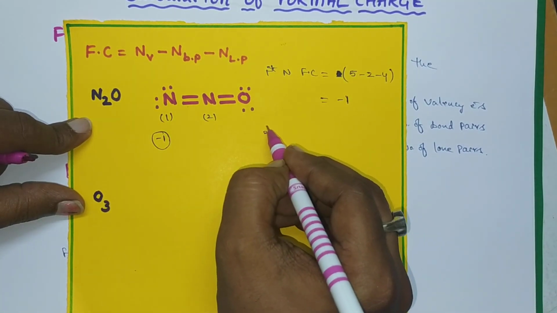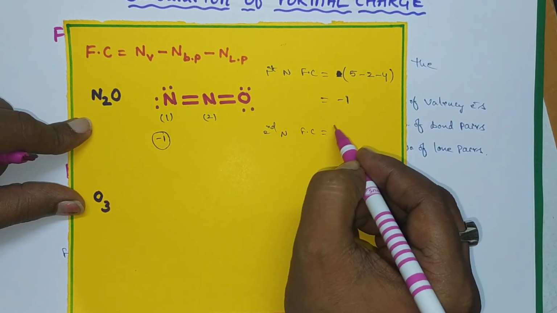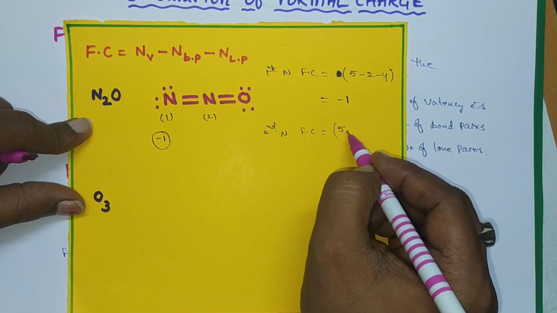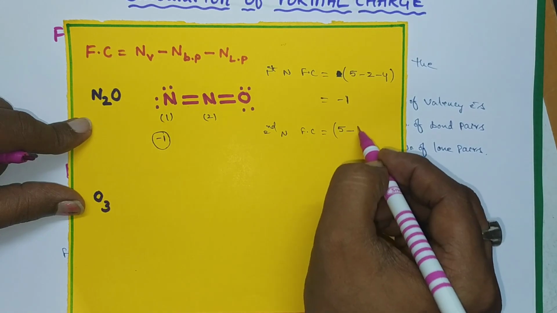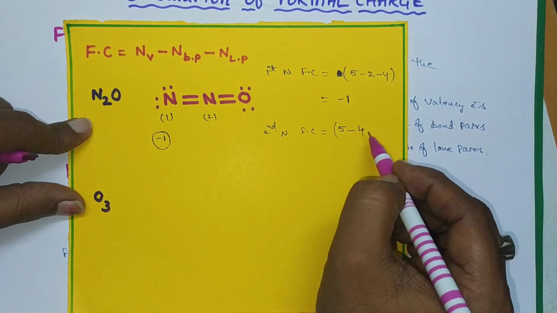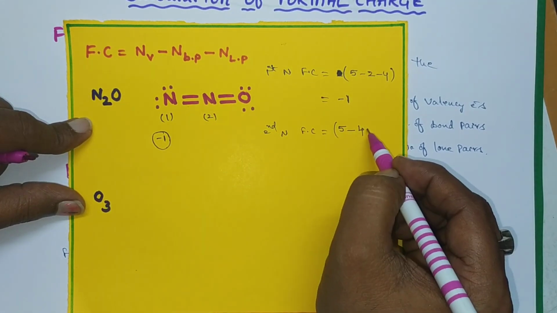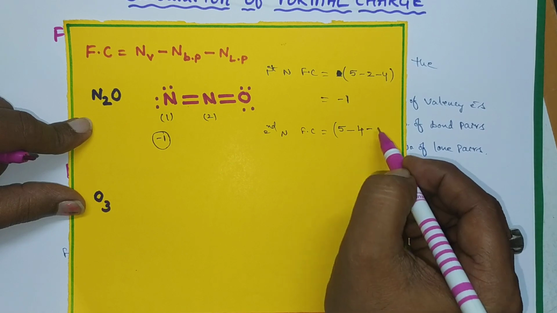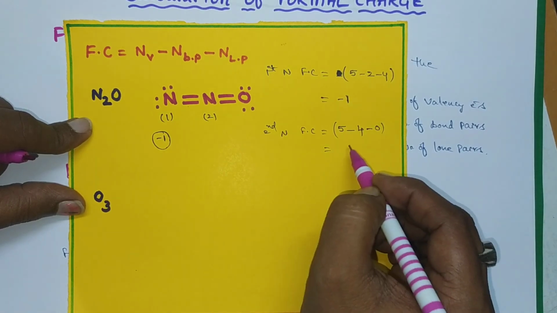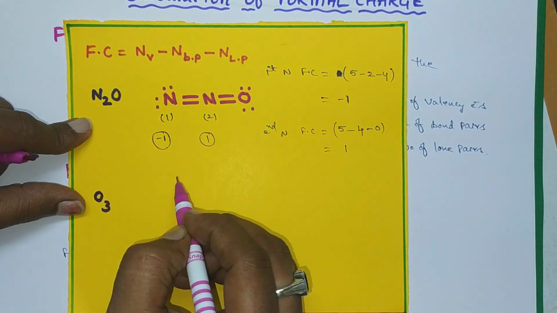And next for the second nitrogen, the valence of nitrogen is again 5 minus the number of lines, which is 4. This nitrogen has 2 bonds on one side and 2 bonds on the other, so totally 4 bonds, and there are no dots. So 5 minus 4 is equal to 1, and for this nitrogen we get plus 1.